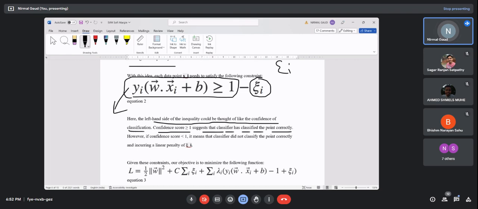Overall, it's an inequality we very well know, and we have used this inequality in solving our equation with Lagrange. So a confidence score greater than or equal to 1 means you have a good classification. A confidence score less than 1 means the classifier did not classify the point correctly, and you are going to give the penalty.